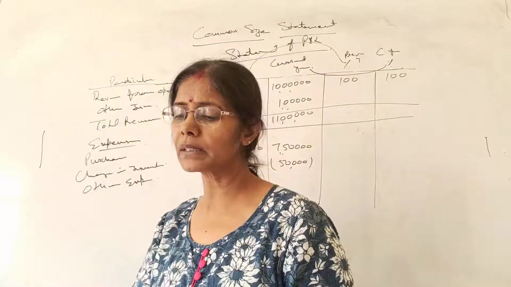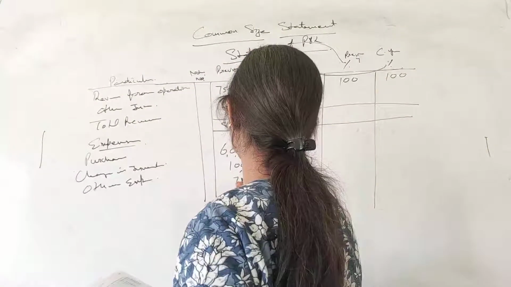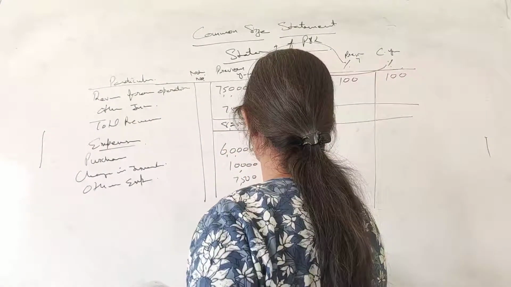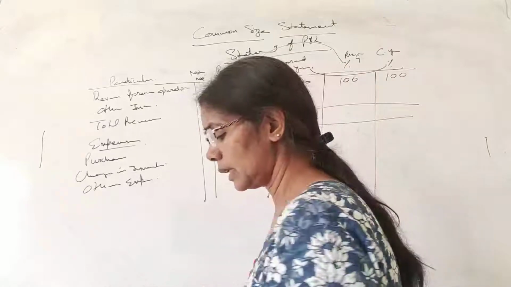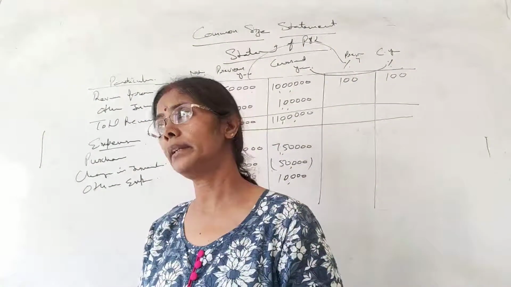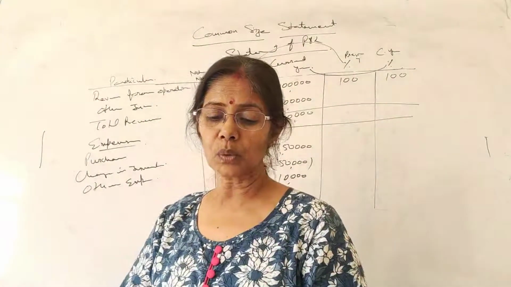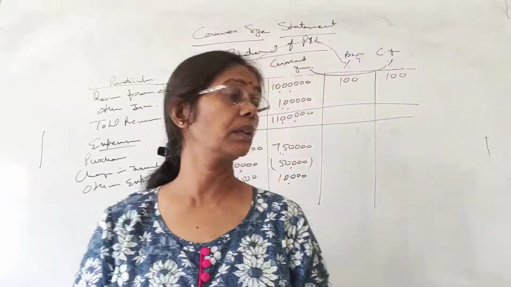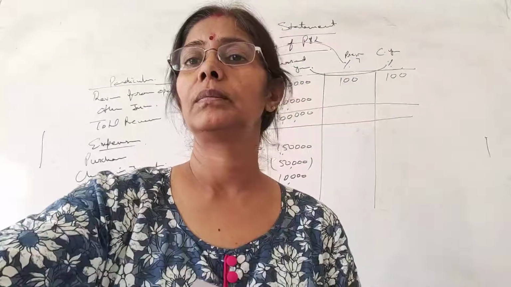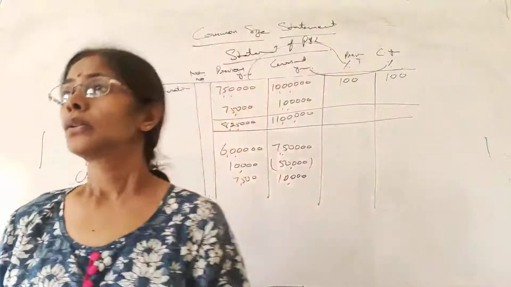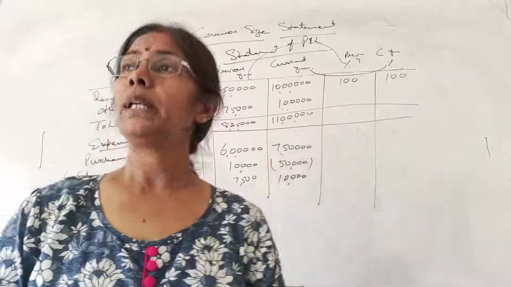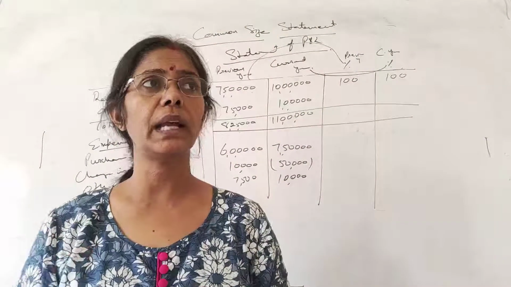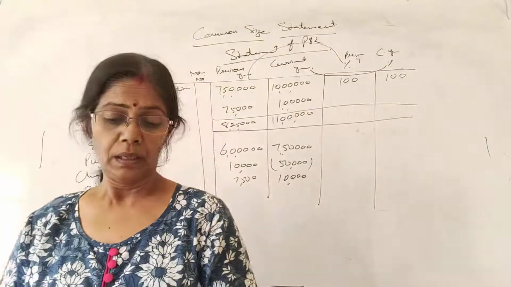So other expenses, the previous year's expenses is 7,500 and current year's expenses are 10,000. Is that okay? Yes, clear? Now rate of income tax is given 50% in both the years, previous year and the current year, alright?